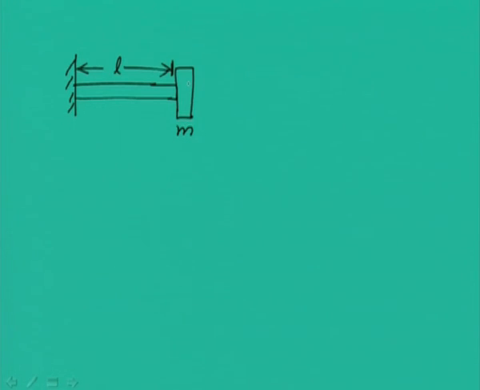From the strength of materials concept we know that if we apply force P at the free end of the cantilever beam, the deflection at the free end can be written like this, where P is the load, L is the length of the beam, E is Young's modulus, and I is the second moment of area of the cross section of the beam. The stiffness, as we know, is defined as load divided by deflection.